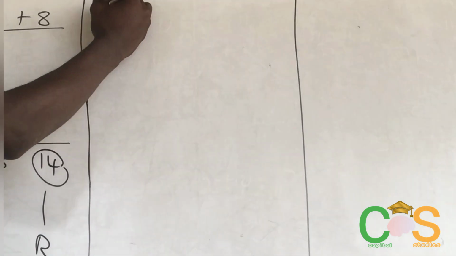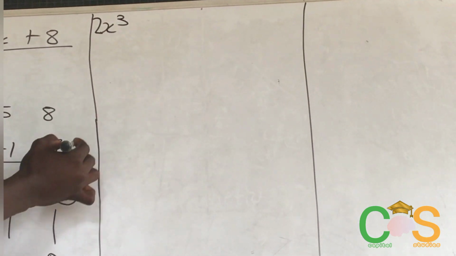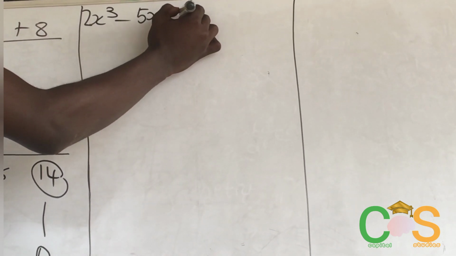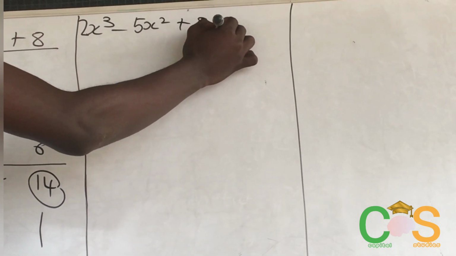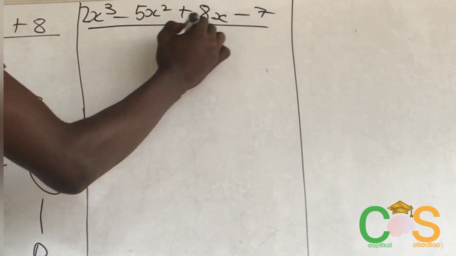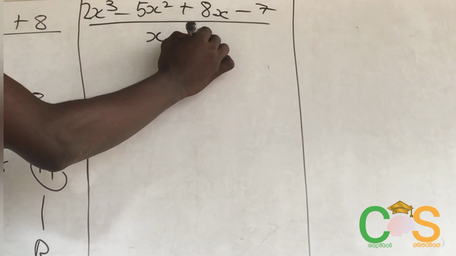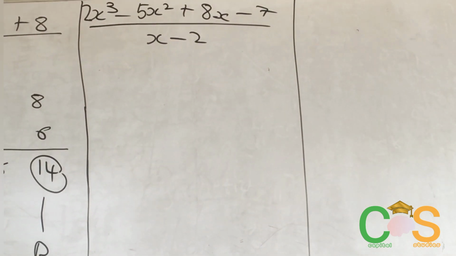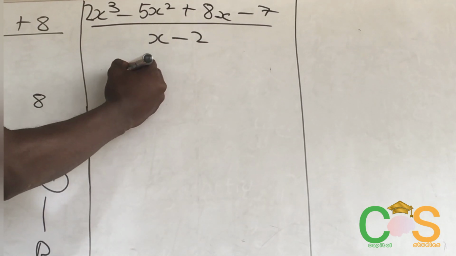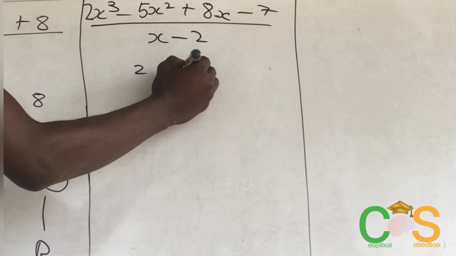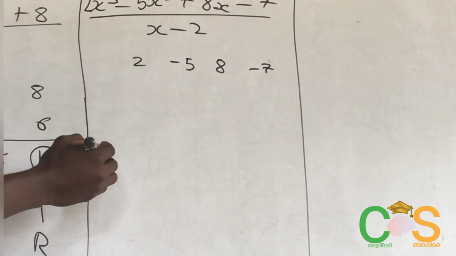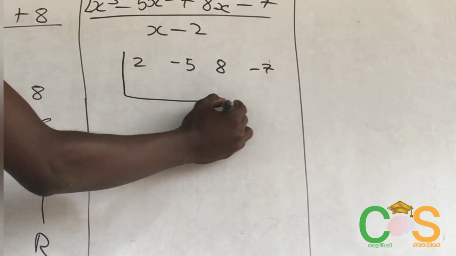Let's take another example: 2x cubed minus 5x squared plus 8x minus 7, divided by x minus 2. We do the same thing because it applies for all. We write down the coefficients as 2, minus 5, 8 and negative 7. Then we do our L sign.